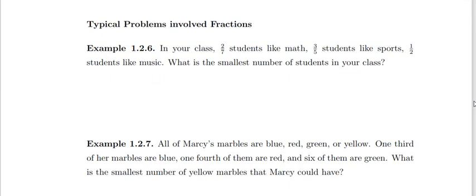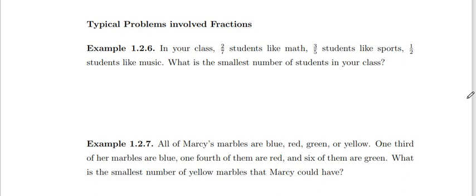Okay, so now let's check some problems involving fractions. This is a typical example in your class: 2 over 3 of students like math, some part of students like sports, and some part of students like music. What is the smallest number of students in your class?